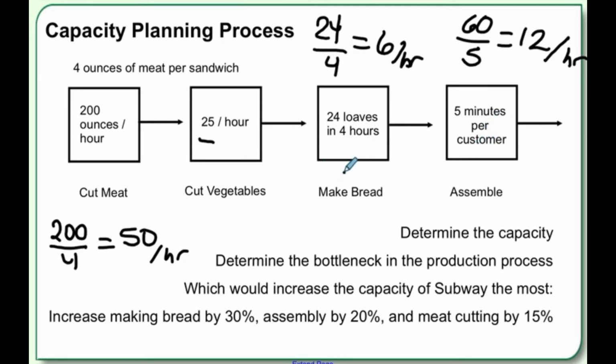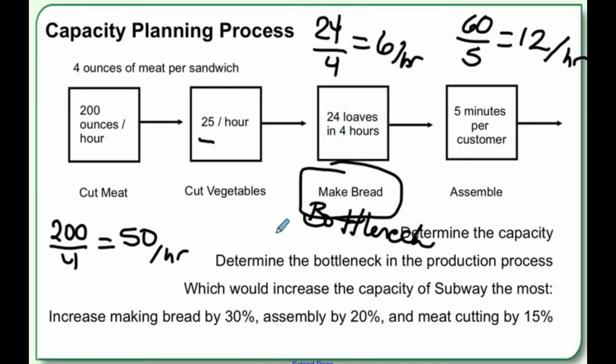So we can see that making the bread is the obvious bottleneck. And so it is going to limit our capacity. We can't make more than 6 sandwiches an hour because of the time it takes to make the bread.